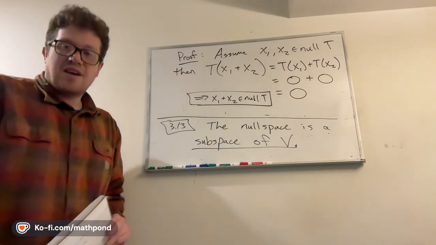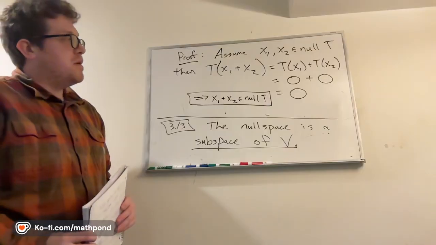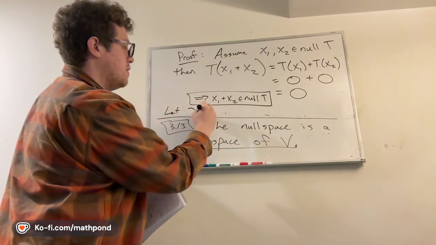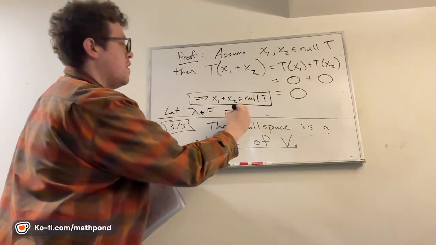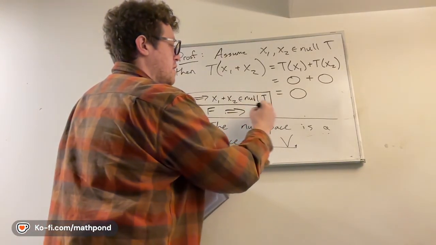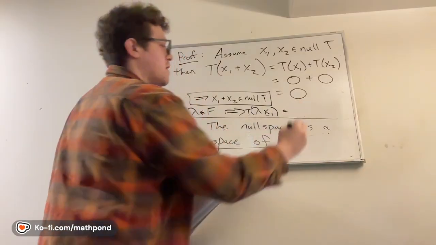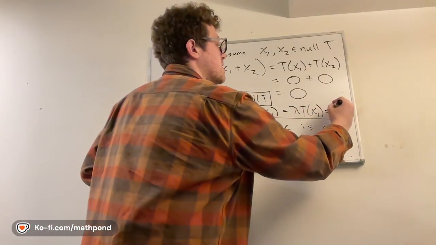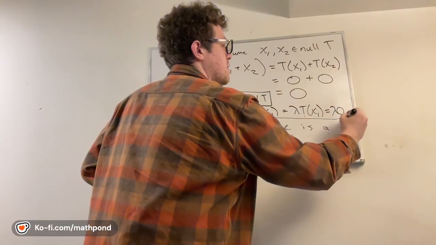And hopefully I can fit it here, but if we pick a scalar in the field, lambda, then lambda times x1 similarly is lambda times T of x1, which is lambda times 0, which is 0.